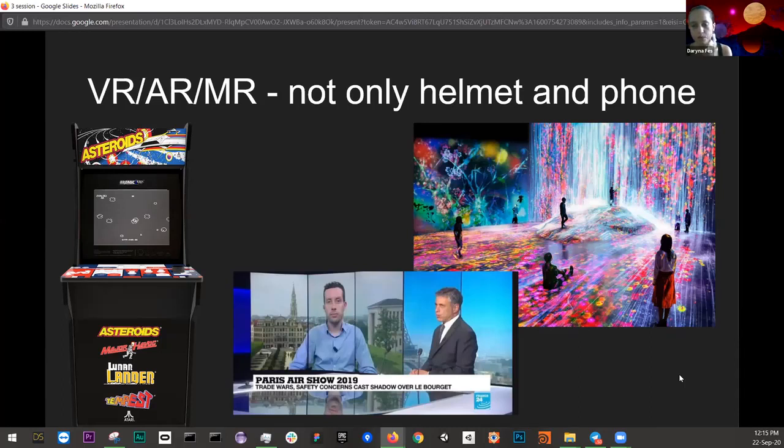Historically, by VR and AR, even games were considered virtual reality, or screen presentation, or even text on a TV screen was considered augmented reality.